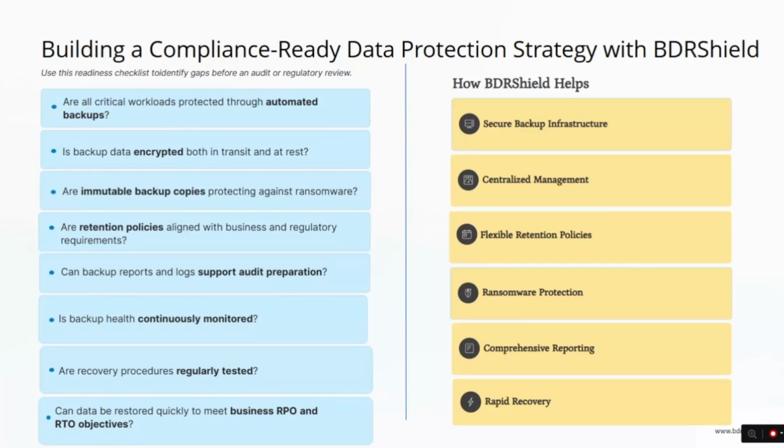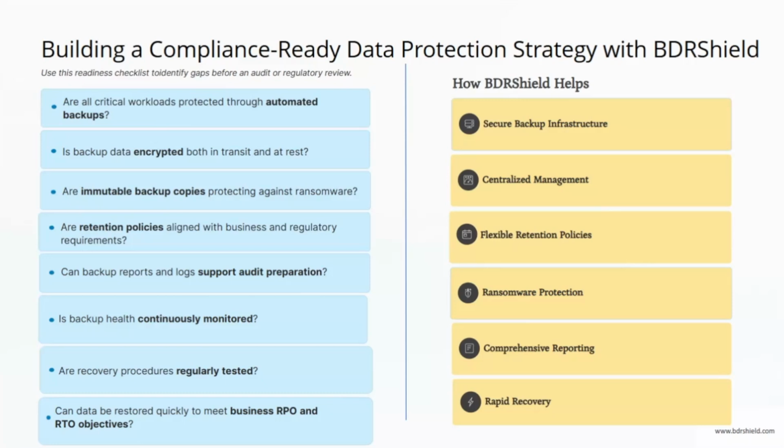You should check whether all your workloads are protected through automated backups, because there should not be any human error. Everything should be automated. And you have to check whether that backup solution provides encryption both in flight as well as at rest.